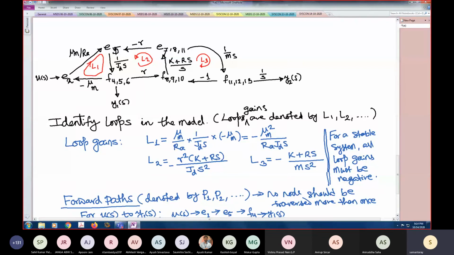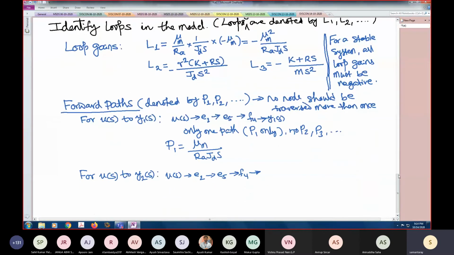You will go from E7 to F11, then to Y2S. So that is only one path. So we will have P2.